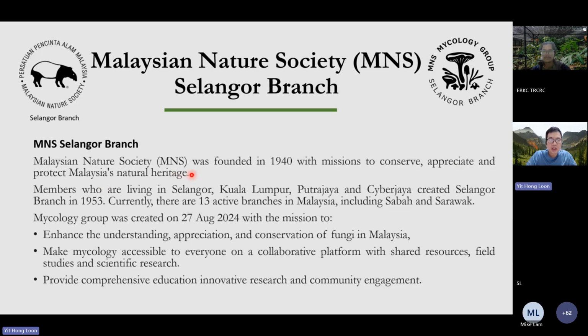This is a very old non-profit organization, so it has a very long history, since before Malaysian independence. But then in 1953, the members in Selangor, Kuala Lumpur, Putrajaya, and Cyberjaya created the Selangor branch. Currently, there are 13 active branches in Malaysia, including Sabah and Sarawak.